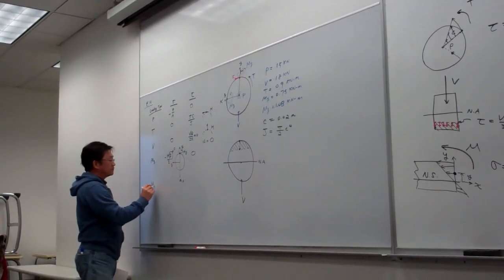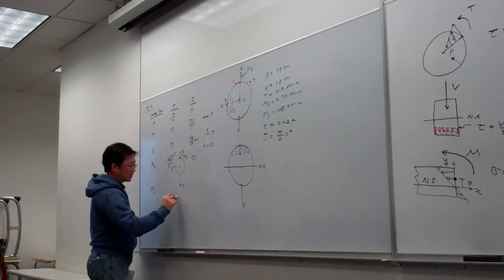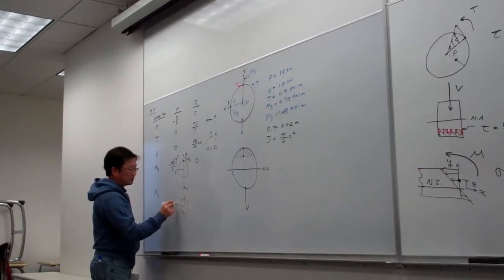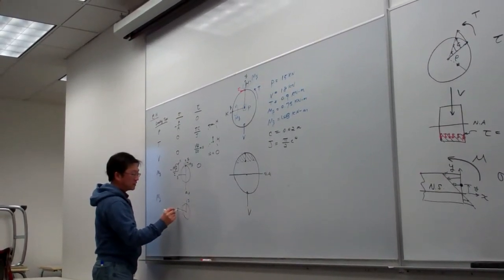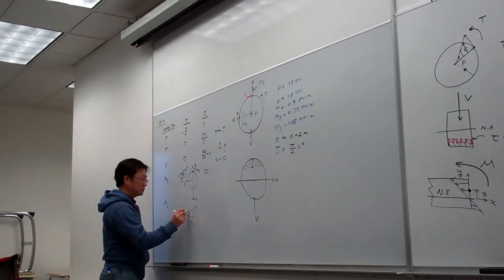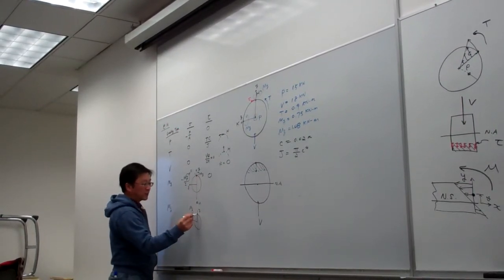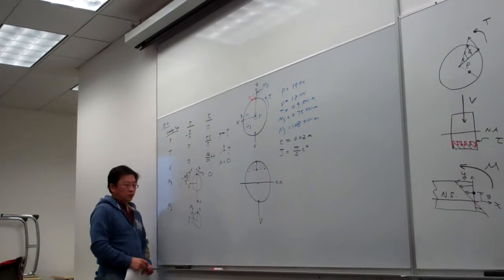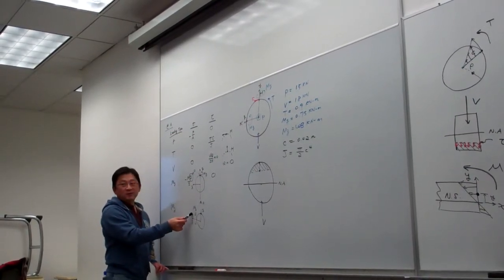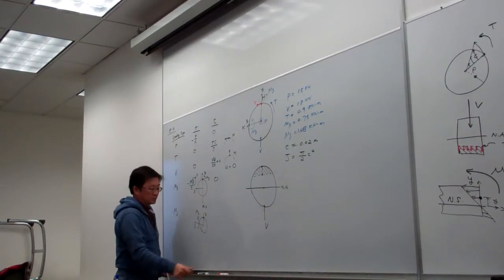And Mz. So Mz, let me draw this one here. Y-axis, Z-axis. And Mz is in this way. So now the point H is here. With respect to Mz, where is the neutral axis?